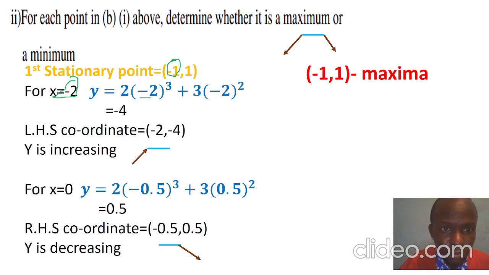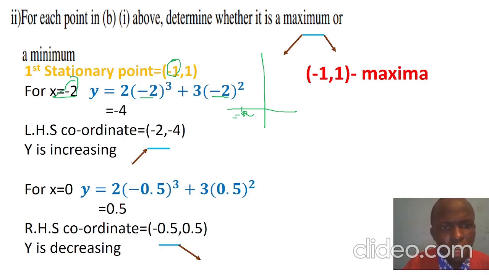Substitute it in the original equation, not the gradient function, and then you get -4. You realize that on the left hand side, when you draw the Cartesian plane, we have the negatives. Since we have the negatives on the left hand side, that tells you the nature of that particular curve.